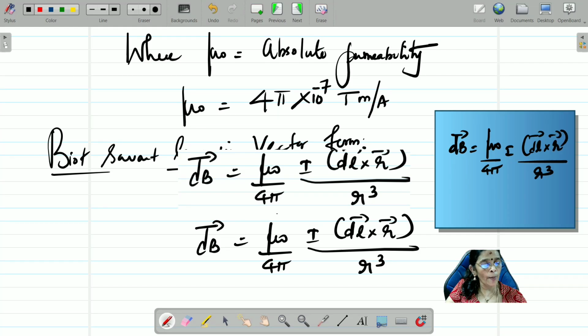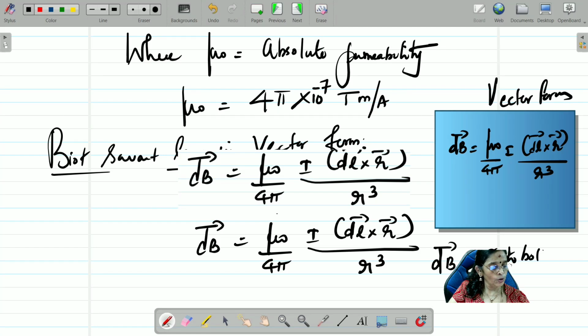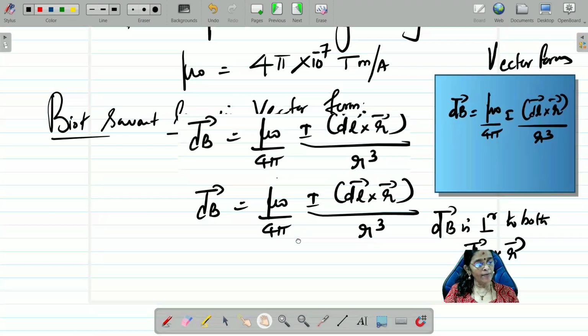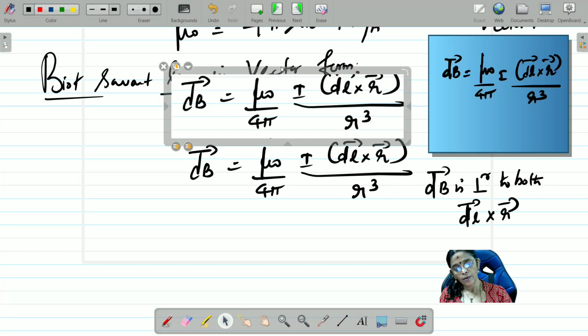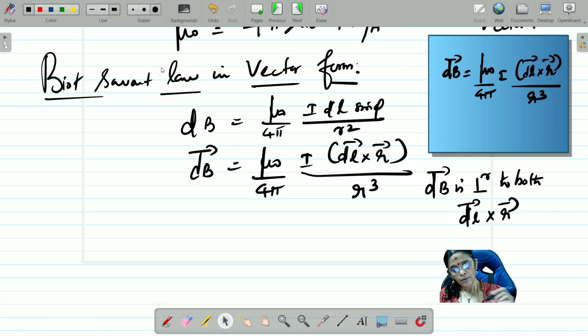This is in what form? Vector form. So therefore you can understand that dB is perpendicular to both dl vector and r vector. How is it perpendicular? We have to check, right?